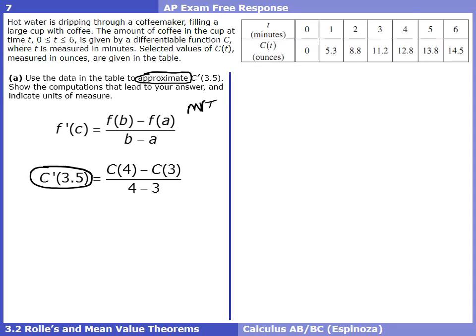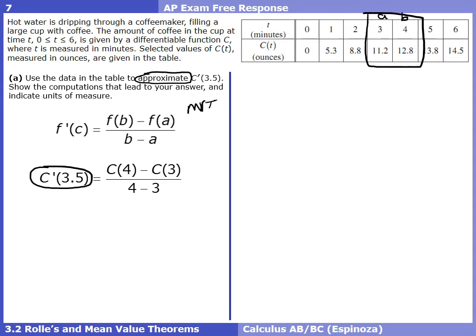So since we want to know something about 3.5, we can use the points 3 and 4, since 3.5 is right in between. So we're going to use C of 4 and C of 3. Our A and B, this would be our A, this would be our B, our 3 and 4 respectively.